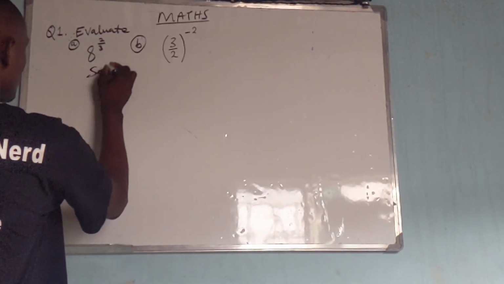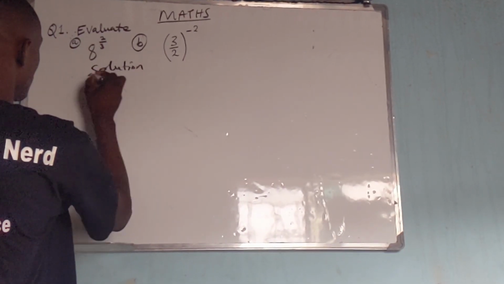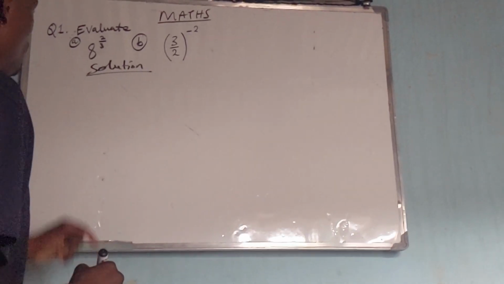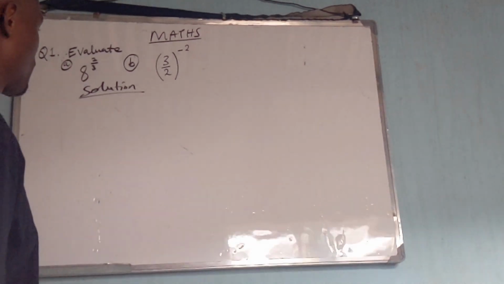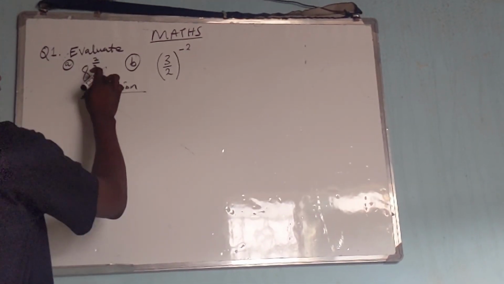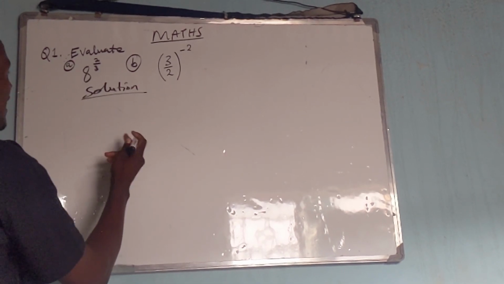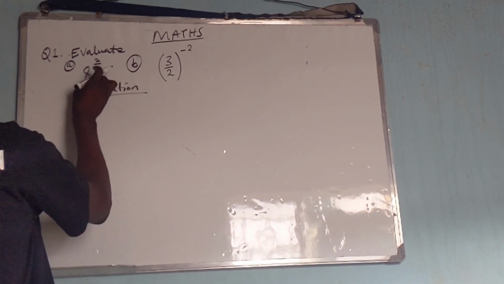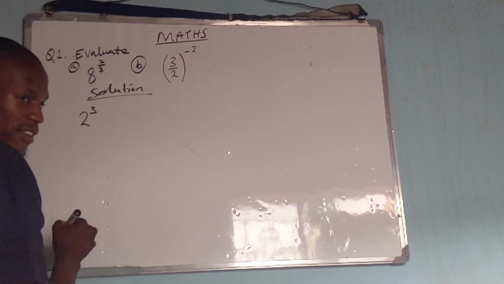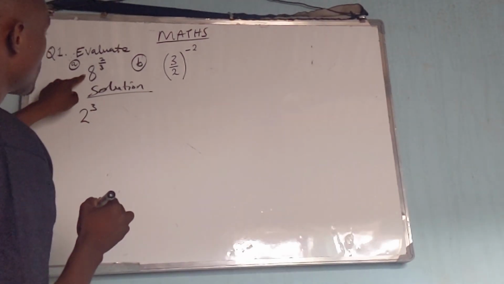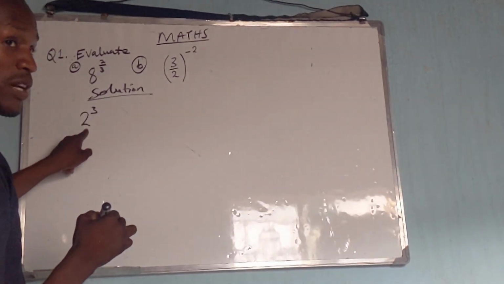This is the solution. Now, we have 8 here, which is raised to the power of 2 over 3. This can also be written as, remember, 8 is the same as 2 to the power 3.